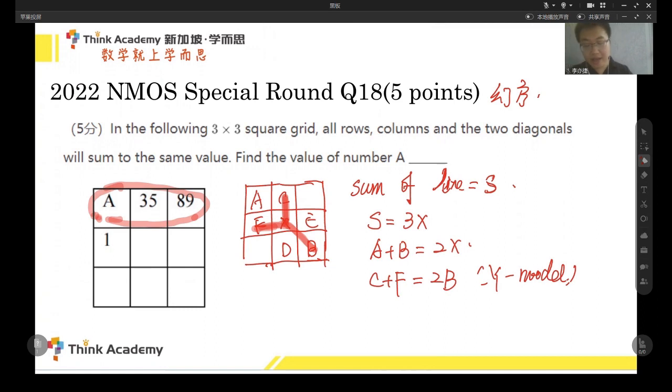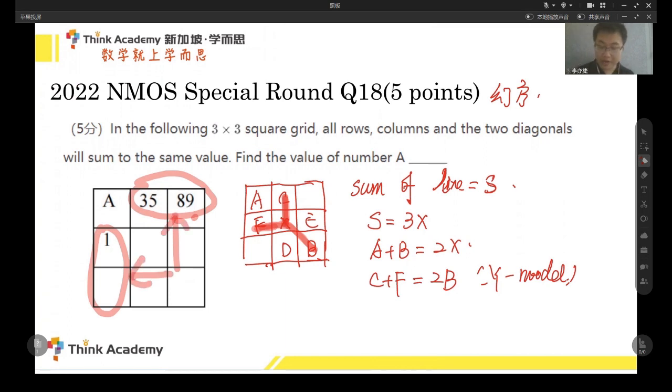As we know here, it's A plus 35 plus 89. And here, A plus 1 plus an unknown number. The sum of any three numbers in a line should be equal, right? So the column and the row have the same sum, and they share a common number A. So what if we remove the A here? Both removed A, and the sum of these two should also be equal, right?